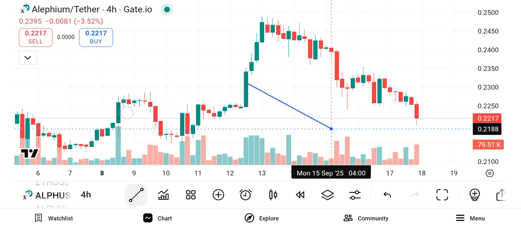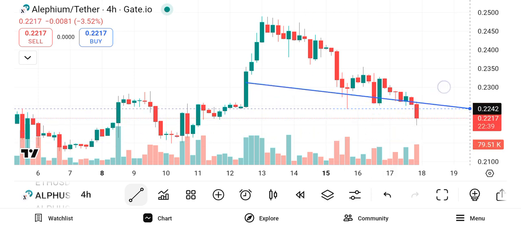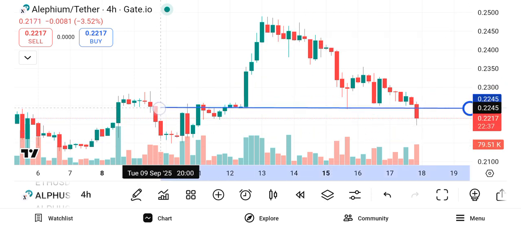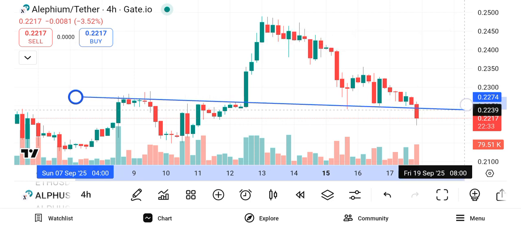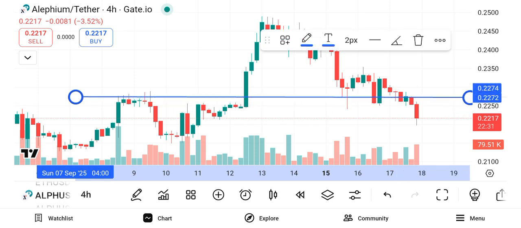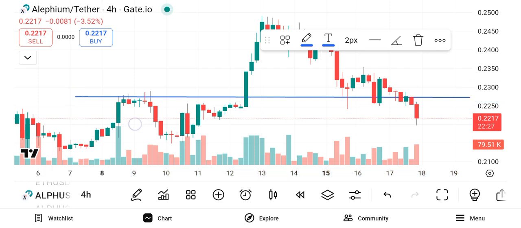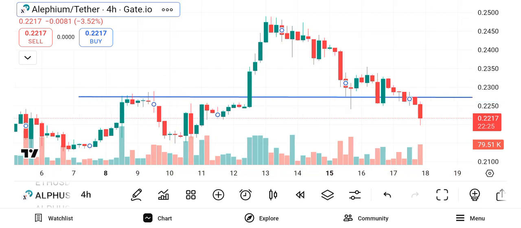I've successfully drawn the line. So this is the line we have here. We can see the resistance around this point, and it formed the support here.